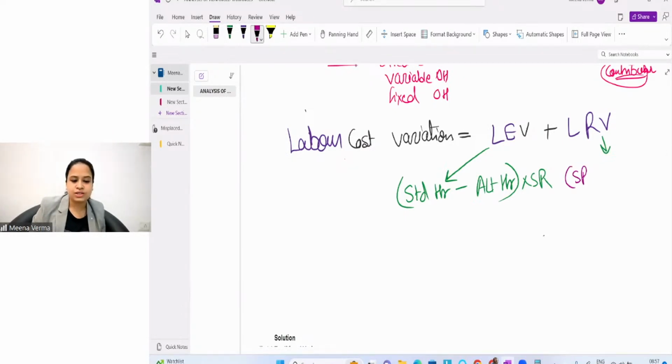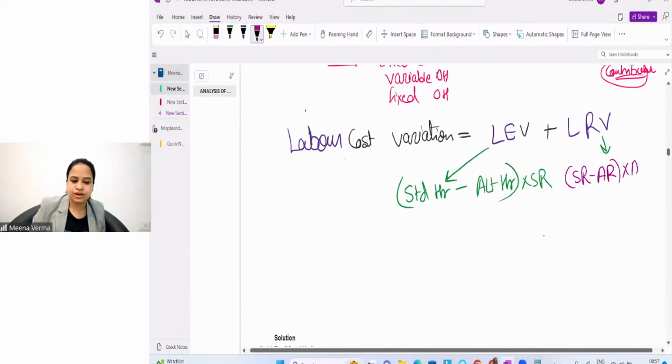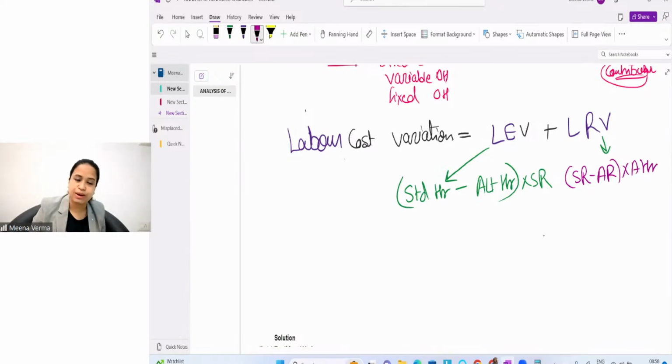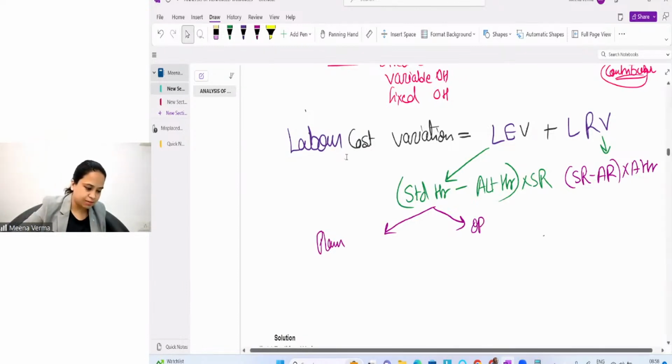What is the formula? Standard rate minus actual rate into actual hour worked. This is the formula for efficiency variation and rate variation. Basic, traditional formula. Now we will study this in more detail and we will classify them as planning variation and operational variation.